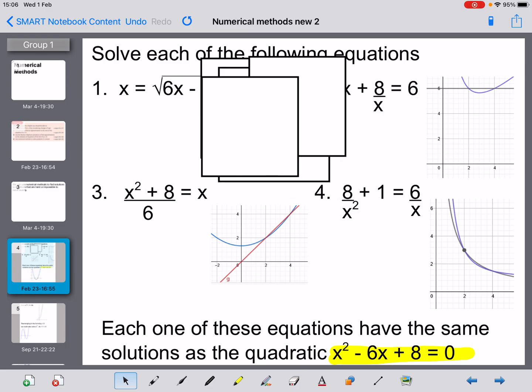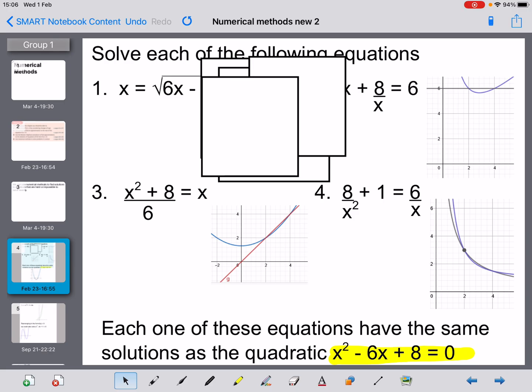So by rearranging them all and figuring out where that resulting quadratic crosses the x-axis, you've actually solved points of intersection for pairs of different graphs. So that's going to be the idea.